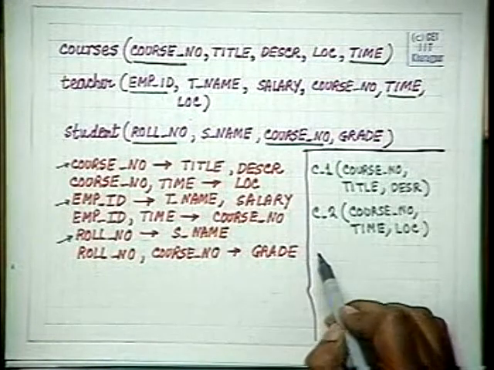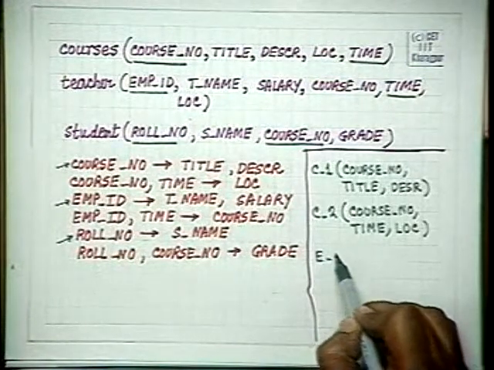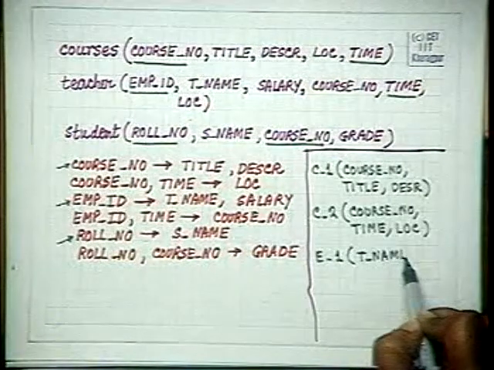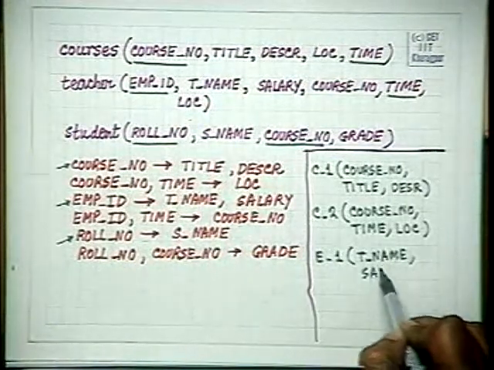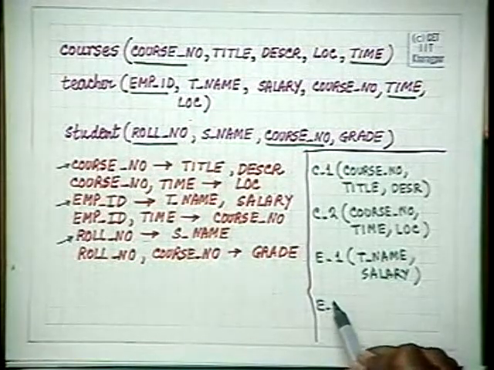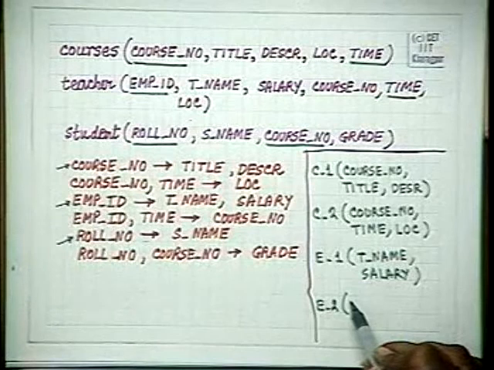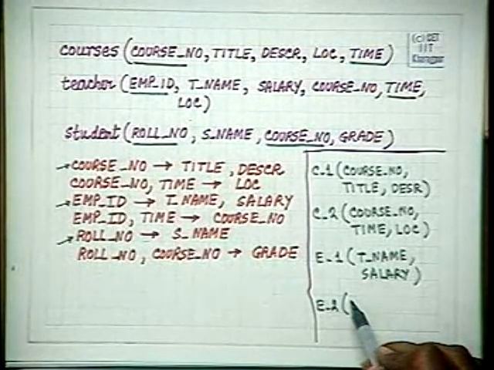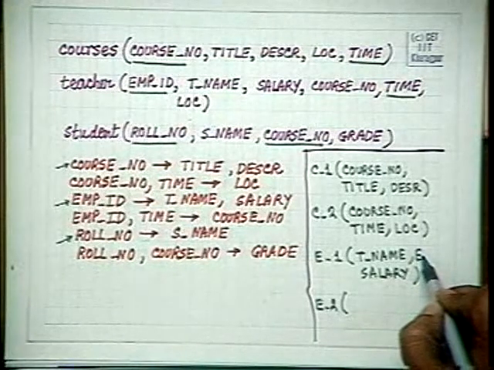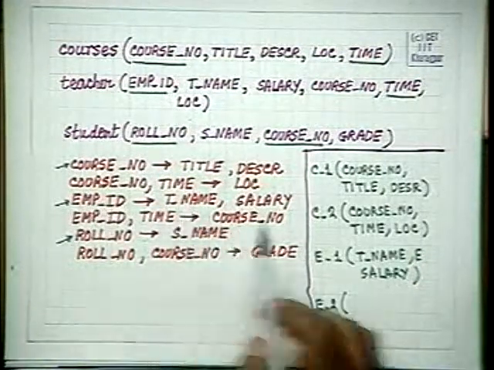And if we see, we will get E1 with T name and salary, E2. E1 will have employee ID as well, employee ID, T name and salary.